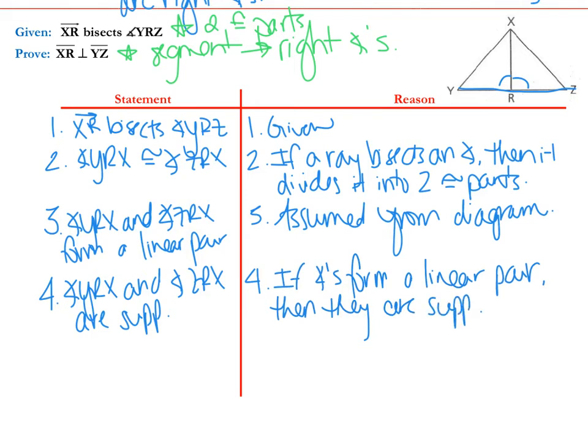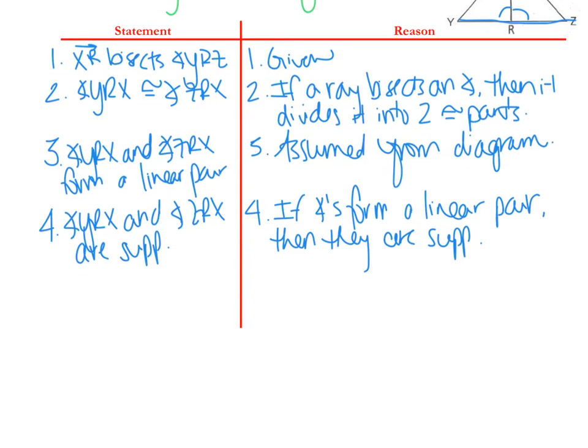All right, so we proved up top in step 2 that they're congruent. Here we proved that they're supplementary. This is where we're going to use our new theorem, the right angle theorem. So angle YRX and angle ZRX are right angles.